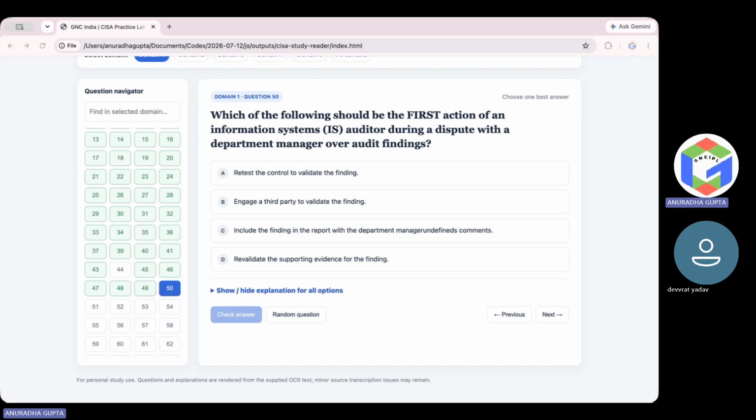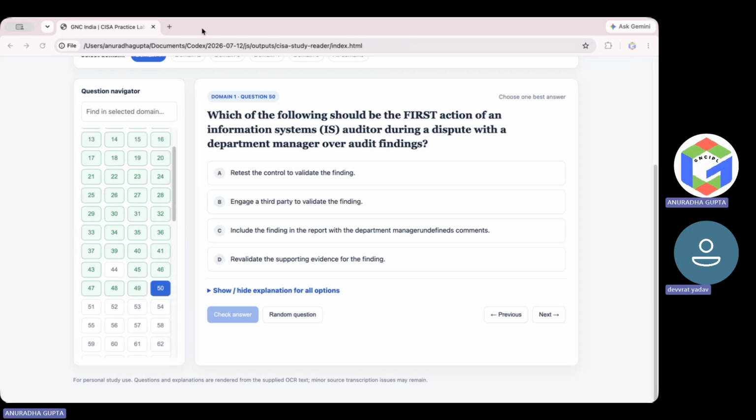So it is always better to revalidate at your end, being an auditor. Otherwise, they will think we are arrogant, so confident. That is why.